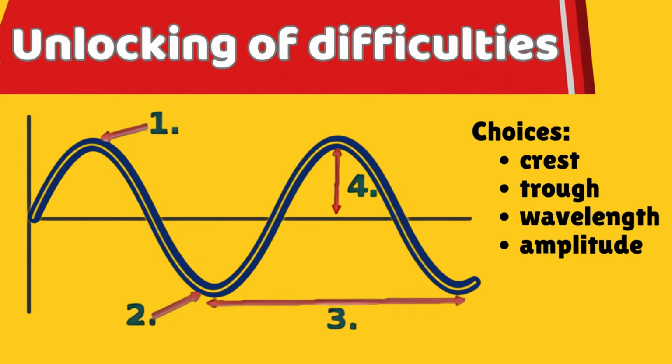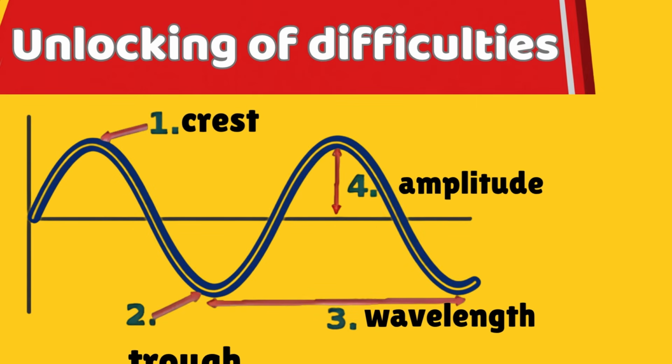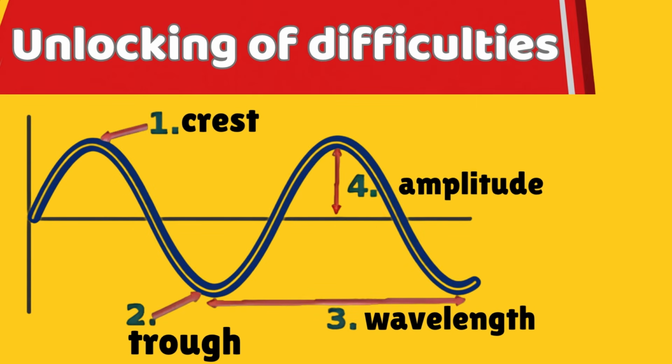And now we have here an illustration of a transverse wave. Let's identify the different parts of a transverse wave. A while ago we learned that the highest point is the crest. The lowest point, number 2, is the trough.